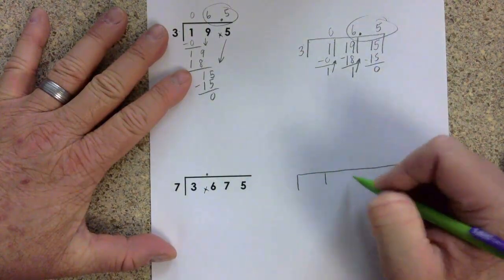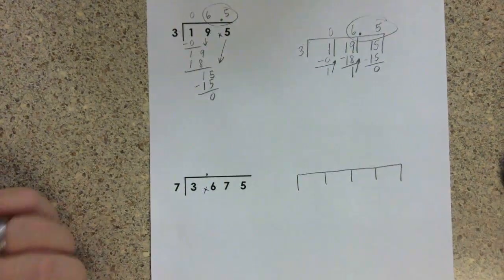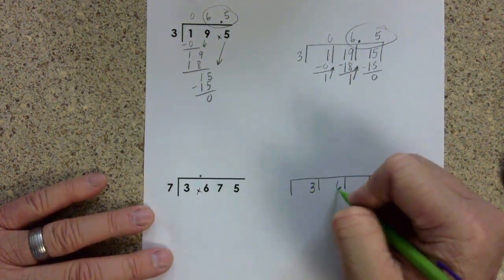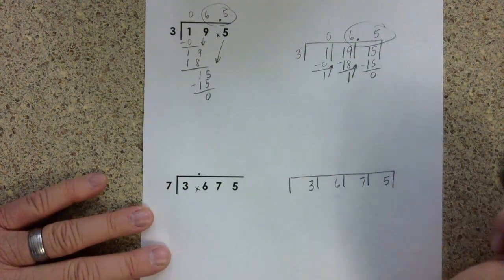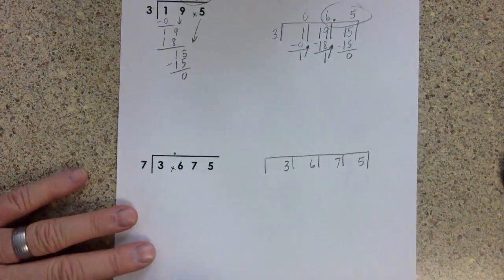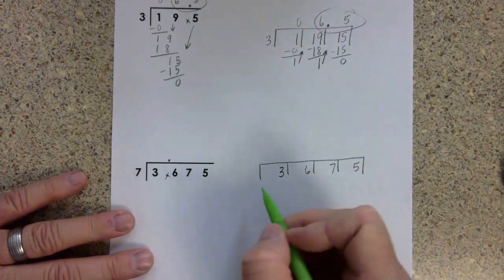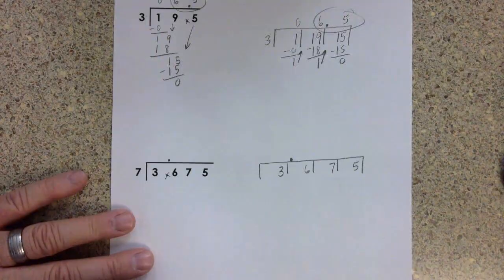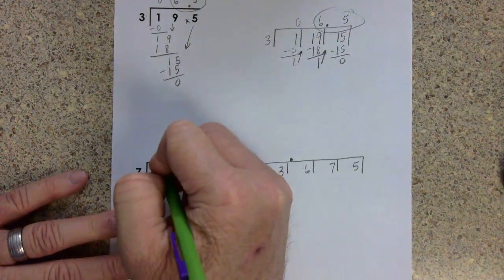This time it's 4 digits. We always write our digits, 3, 6, 7, 5, to the right in the box so that we have room to bring them up. Our decimal point is here between the 3 and the 6. 7 cannot go into 3.